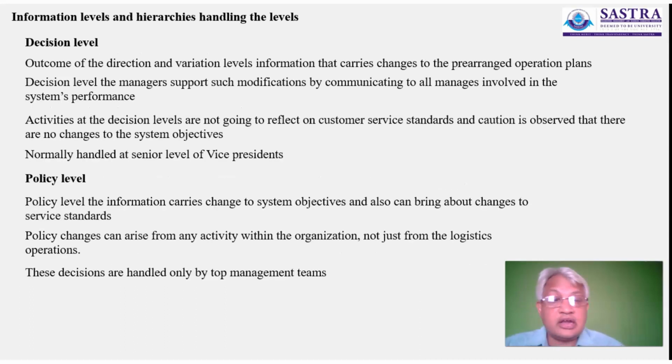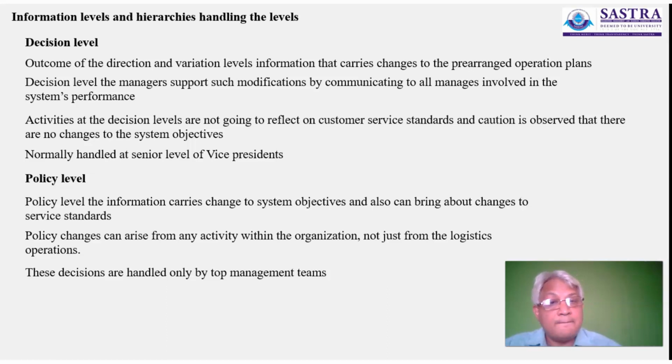Now comes the next level, which is the decision level. Decision level information is nothing but an outcome of both the direction and variation level information. Here, at the decision level, the managers are looking into bringing certain modifications by communicating to managers involved in the logistics performance.